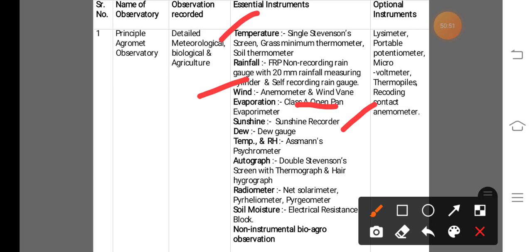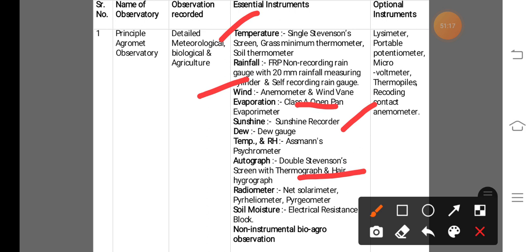Also for recording temperature and relative humidity in the crop area from zero surface height, an Asman psychrometer or aspiration psychrometer is also used. Next, a double stimulation screen, that means automatic and continuous recording of temperature and relative humidity. For that, a thermograph and a hygrograph are also used.